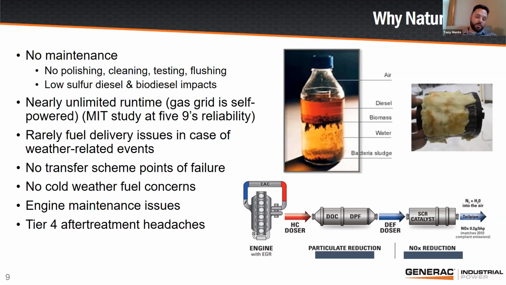You can see in the lower right here a very simplified version of what is included within a Tier 4 final aftertreatment on a diesel, right? You have a first section that basically takes the carbon monoxide and the hydrocarbon emissions, as well as the particulate matter, and eliminates those.